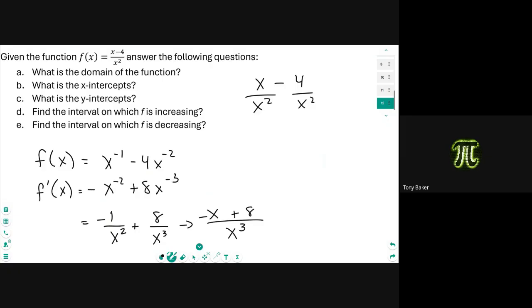So to figure out where it's increasing and decreasing, what do I need to find now? I need to find my critical numbers. So that means where the numerator is 0 and where it does not exist. So in this case, my critical values are x equals 8 and x equals 0.